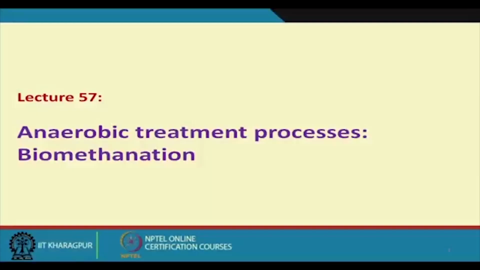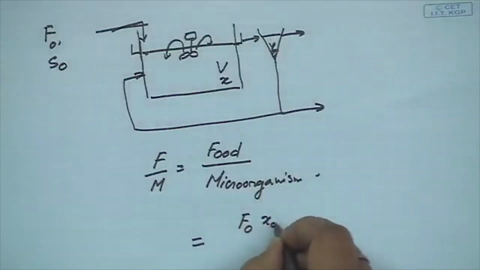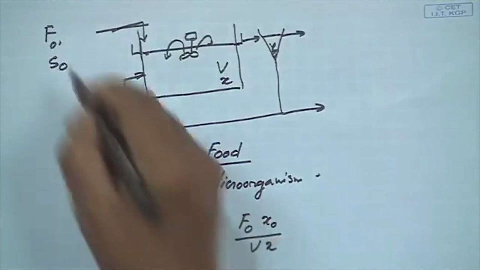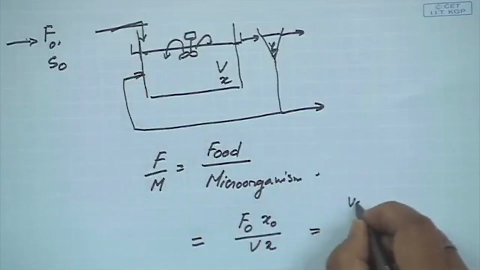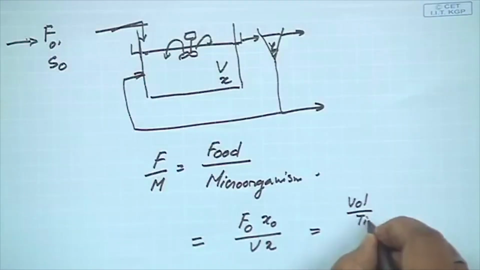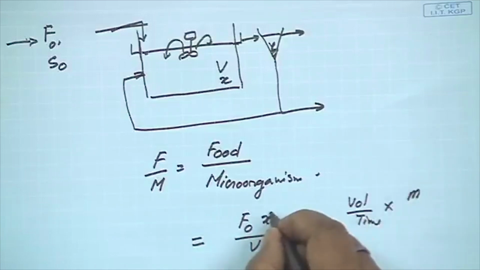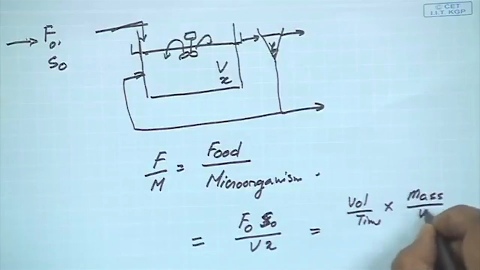F by M can be written as, food is substrate, that is F0 into S0, divided by V into X. Now, F is the volumetric flow rate, and the unit is volume per unit time, and S0 is the concentration of substrate, which is mass per unit volume.